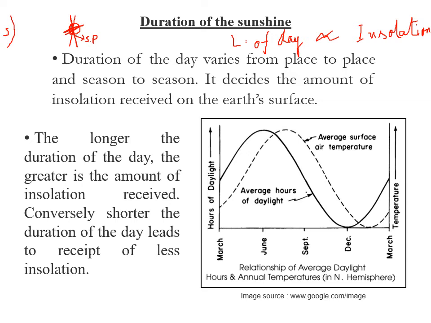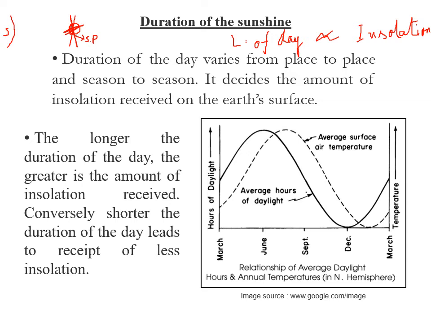So the daytime at the southern pole during this winter season is 0, whereas the northern pole will have much longer daytime.